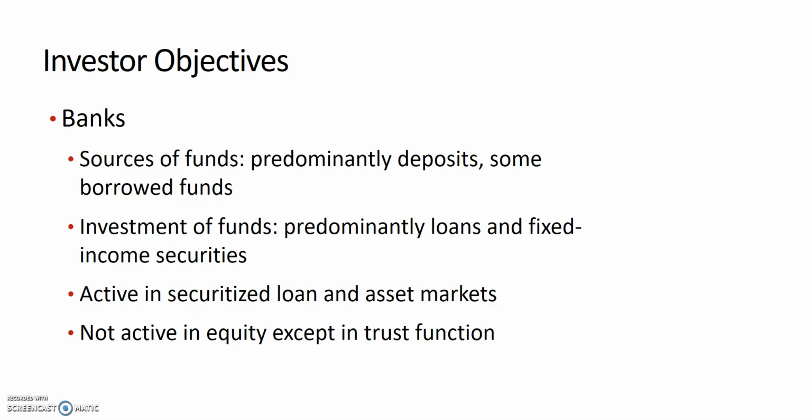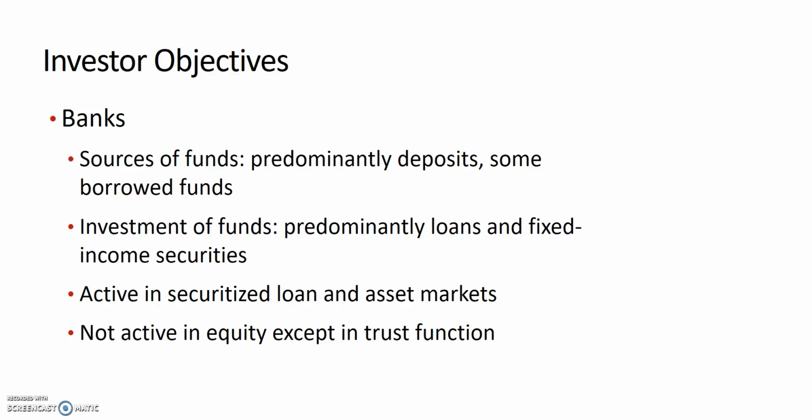The last classification of investor objectives that we have to discuss is that of the bank. It is worth noting that these objectives will differ considerably from those of the professional and individual. The sources of funds for the bank are going to be found predominantly in deposits, and some in borrowed funds.